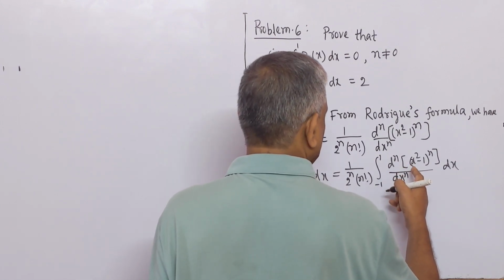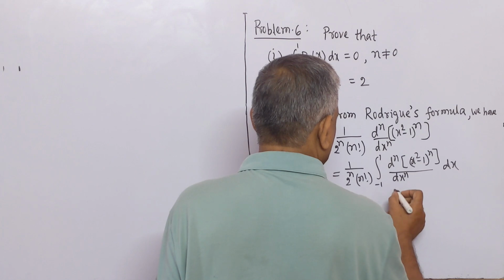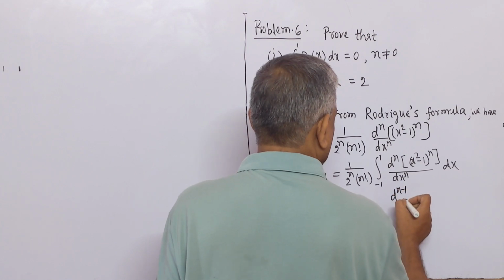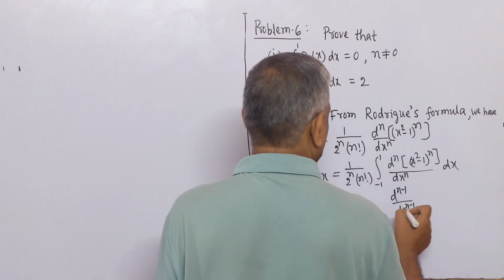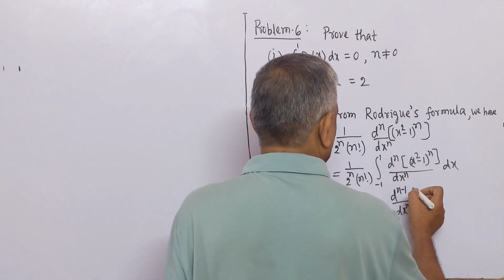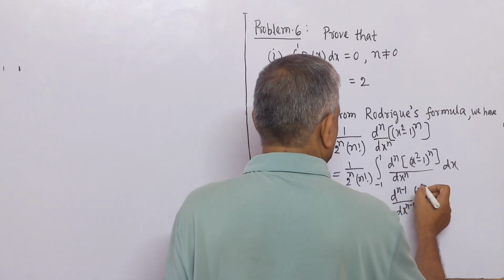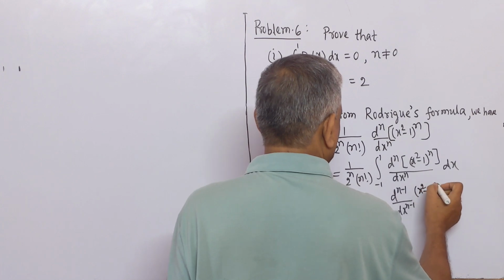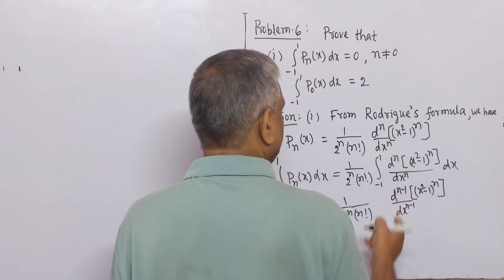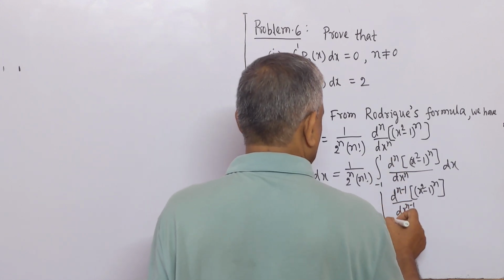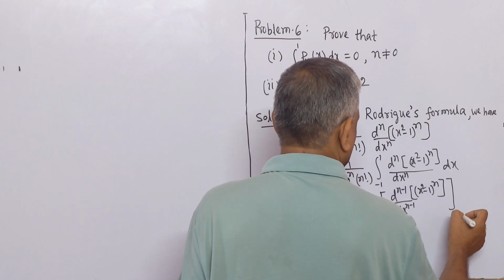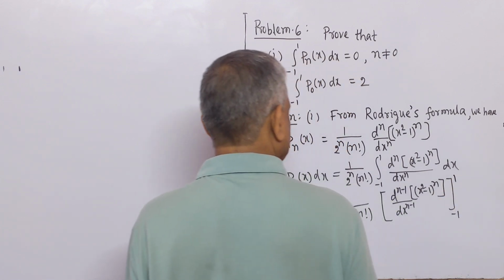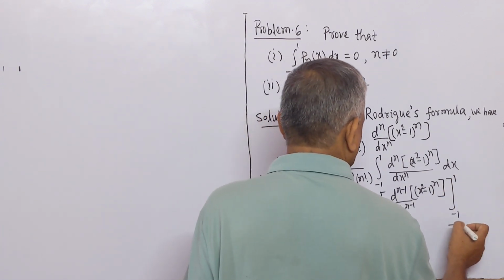Integration of this is d^(n minus 1) by dx^(n minus 1) of (x square minus 1) whole to the power n, means one derivative is reduced, limit minus 1 to 1. Let this be number 1.